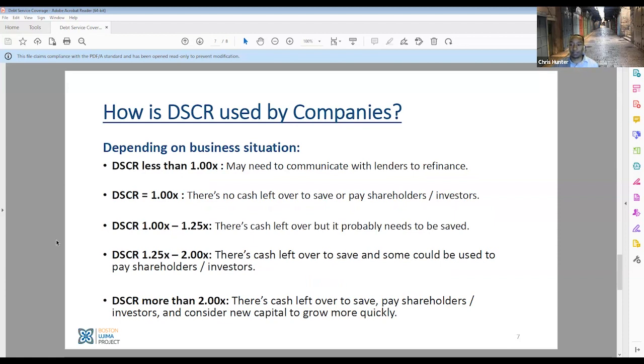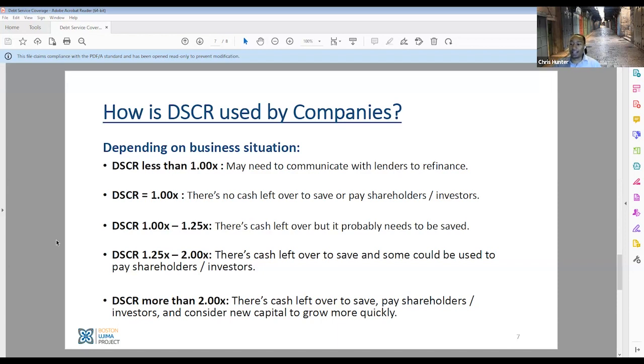These are times when you might be encouraged to communicate with lenders to refinance your loans, or at least communicate, hey, I'm having these challenges. If it's exactly 1, it basically means you just barely squeak by. And that means there's really nothing else left. There's no cushion, there's no payments going out to anyone else. All of the profits are just going to take care of lenders, to take care of debt.